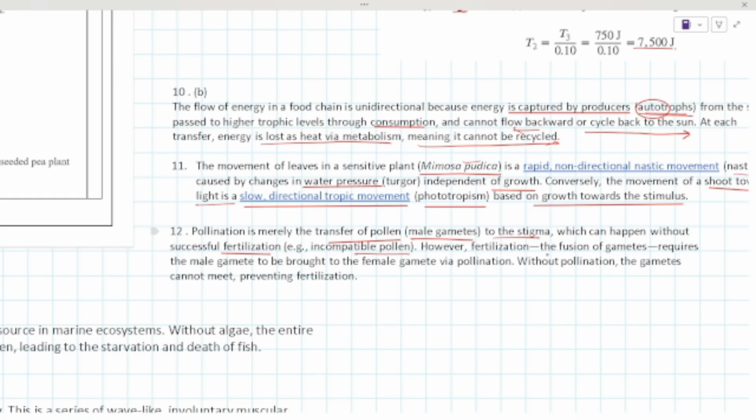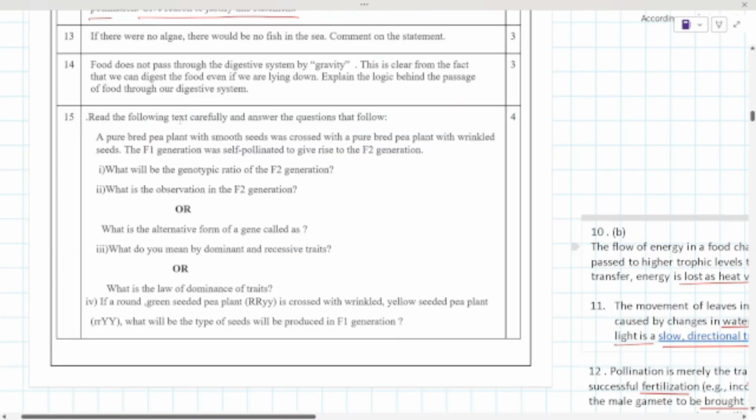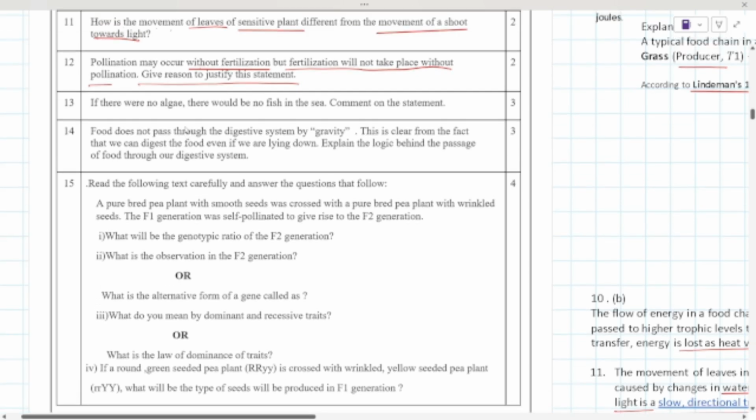However, fertilization, the fusion of gametes, requires the male gametes to be brought to the female gametes by pollination. Without pollination, the gametes cannot meet, so fertilization is prevented. Any doubt? No?